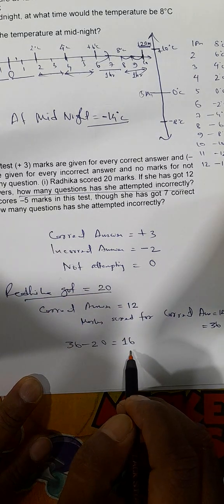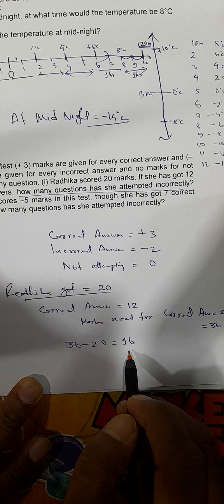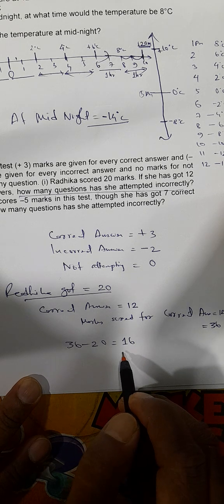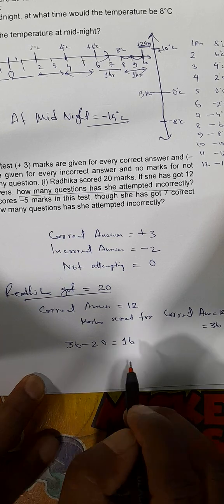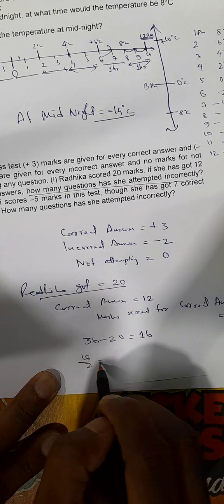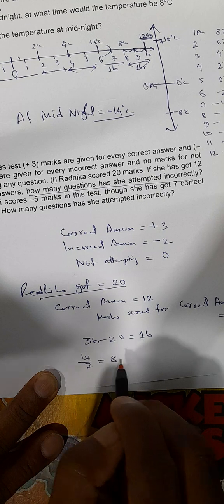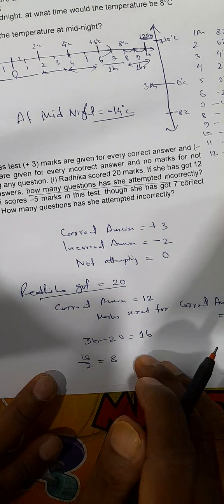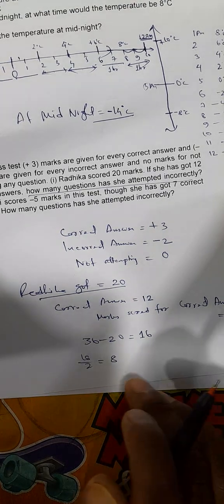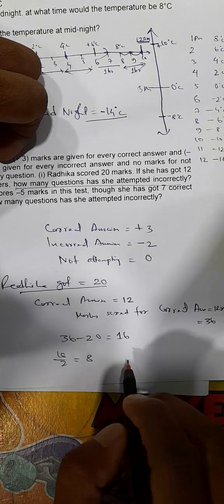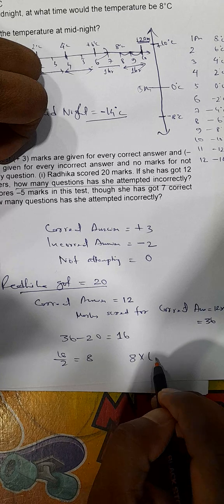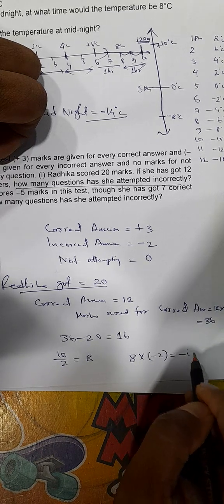So for 16 marks she attempted incorrectly. Now you find that 16 divided by 2 equal to 8, right? That means if she lost 16 marks, she attempted 8 questions incorrectly. Incorrectly means 8 multiplied by -2 equal to -16.